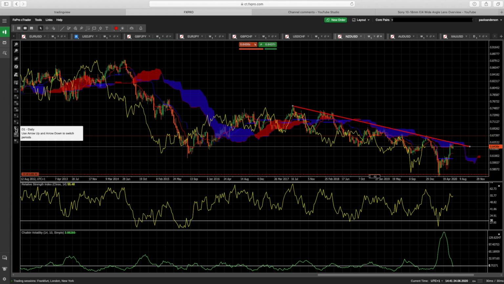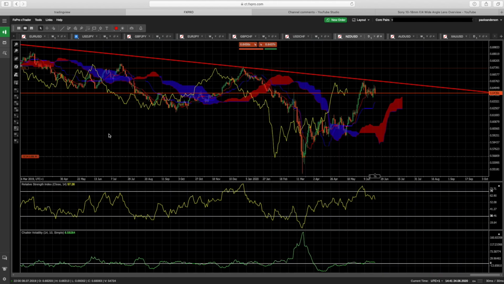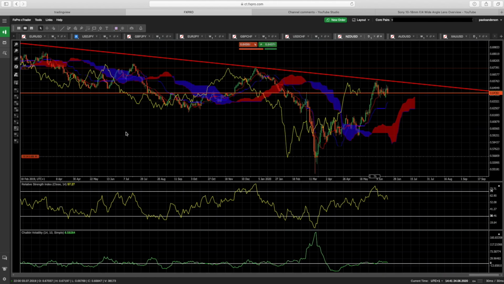So let's just jump quickly down to the daily. See, our trend line is in there. I will expect this trend line to be tested, this area to be tested again. Divergence there on the daily to the downside, but I'll expect this to be tested, and then this is where you will open a short position on this pair, and be looking to take profit to the lows of 0.54, 0.55 lows.